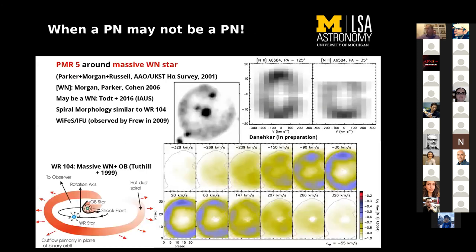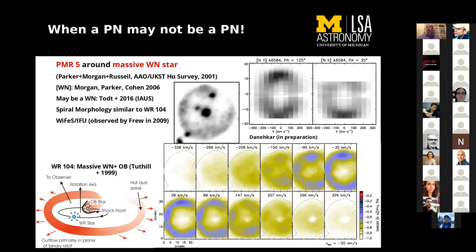Finally, I also looked at this object, PMR5, which stands for Parker, Morgan, and Russell. They found this object in 2001 using H-alpha surveys, and later there was a paper in MNRAS in 2006.